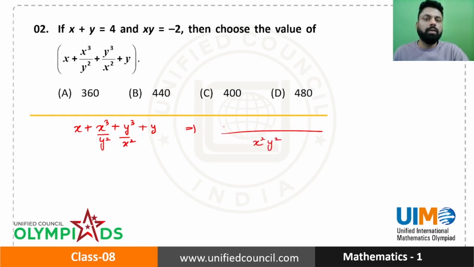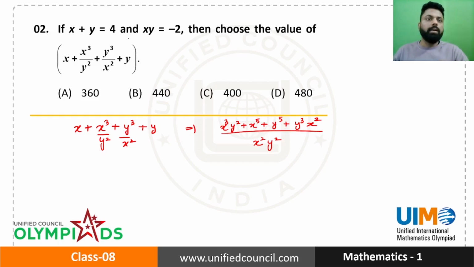This will become x cube y square plus x to the power 5 plus y to the power 5 plus y square x square, and this is also x square y square. x square y square will multiply x square y square. Okay, x cube y square, x y cube x square.